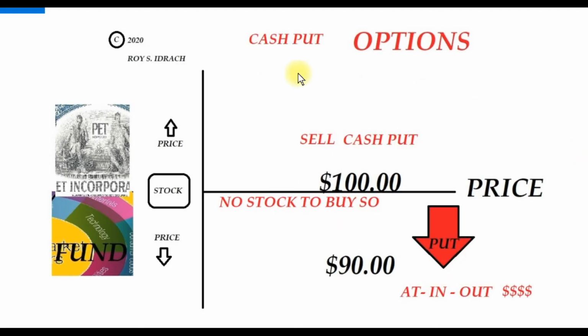So now let's see here. This is a cash put that I'm talking about. You still don't have to own the stock. You see, when you own the stock, you can sell a put. You're not naked. But over here, when you sell a put, the stockbroker might say, okay, you have to have cash for the equal amount that you sold.